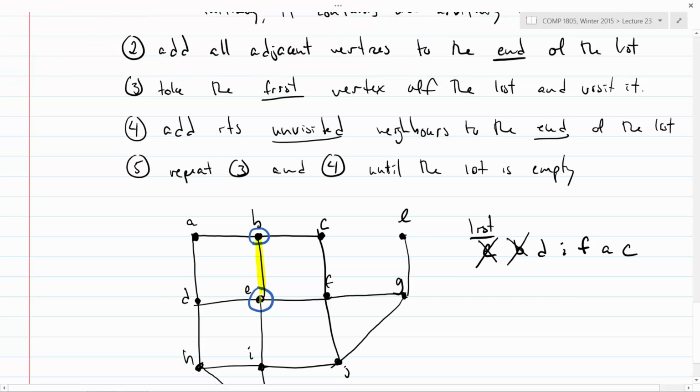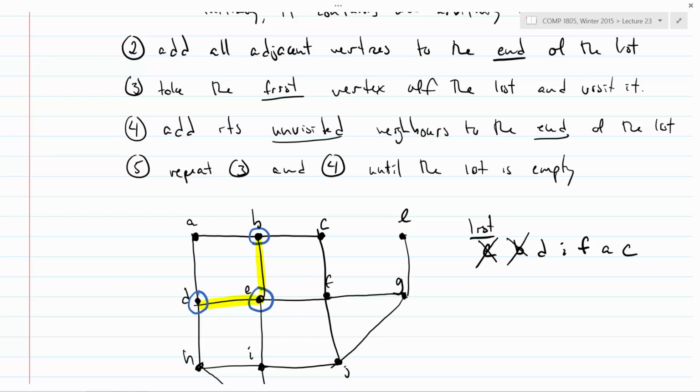So I walk from E to D. Is it clear why I'm doing this walk from E? Is that okay? Okay. So now I visit D. Great.